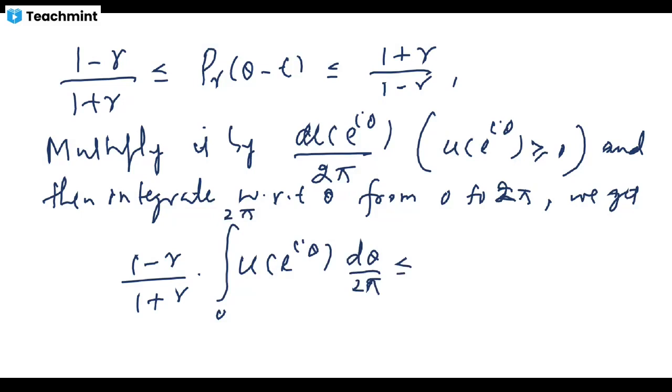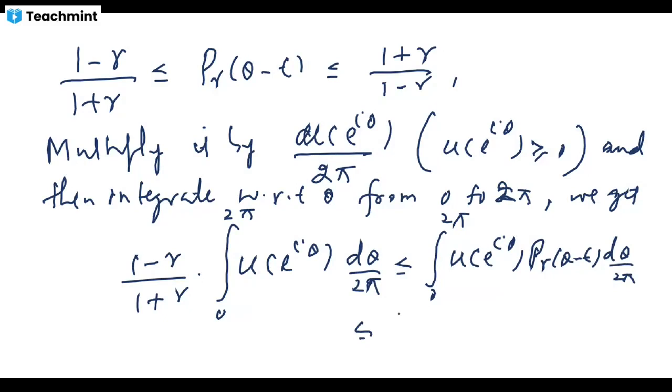And the middle part will have integral from 0 to 2 pi of u(e^{i theta}) P_r(theta minus t) d theta upon 2 pi, and the right hand side will be again (1 plus r) upon (1 minus r), being constant, integral 0 to 2 pi, u(e^{i theta}) d theta upon 2 pi.